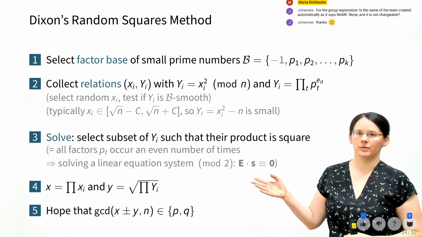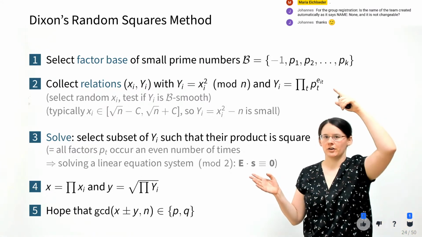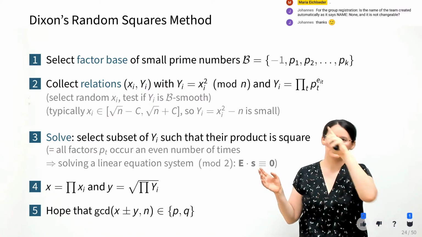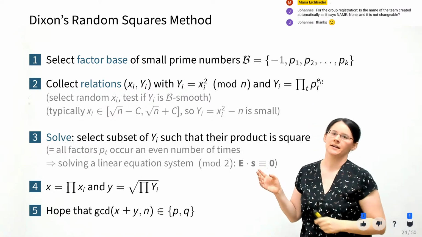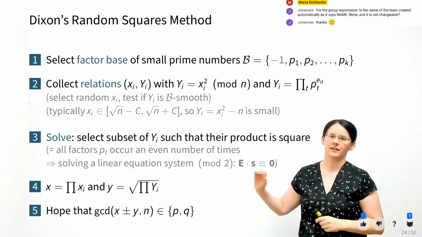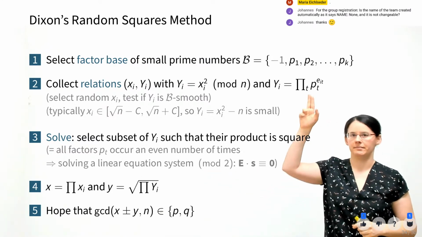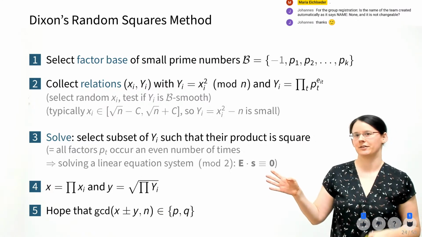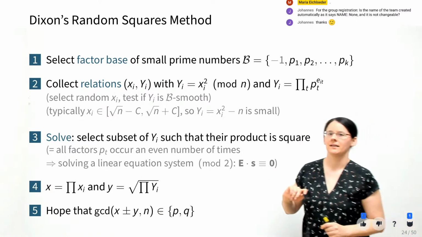And what we then try to do is find a linear combination of these. So I want to select some y's such that the XOR of these exponent representations is 0. If this sounded a bit abstract, I have an example in a moment.